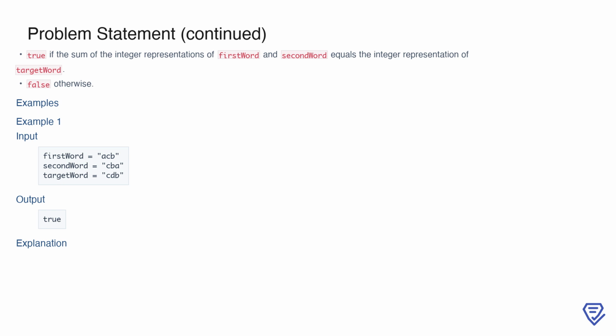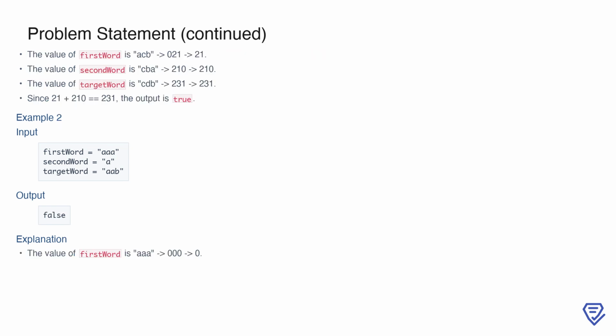In the first example, the input is first word equals ACB, second word equals CBA, and target word equals CDB. The output is true. Here's why. The value of first word, which is ACB, is determined by converting each letter to its respective position in the alphabet. A becomes 0, C becomes 2, and B becomes 1.